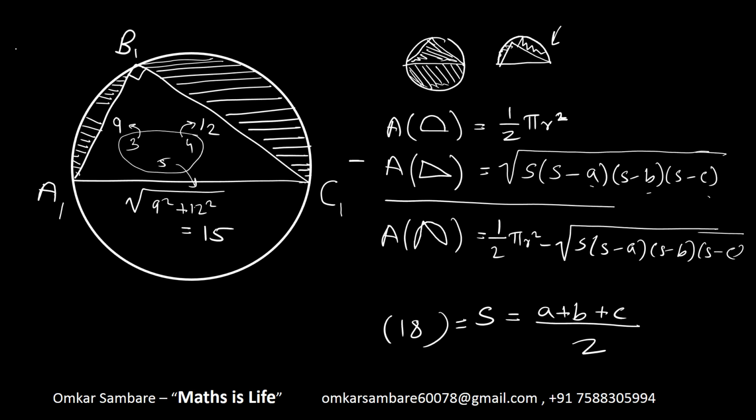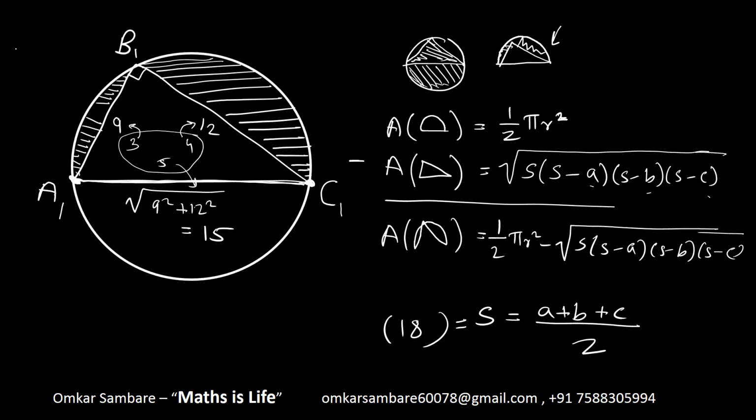How should we know? See, this length A1C1 is nothing but the diameter, because it is a property of a right angle triangle that if we draw a circle around a right angle triangle, that is the circumcircle of the right angle triangle, we will always have the longer side, that is the hypotenuse, as its diameter.